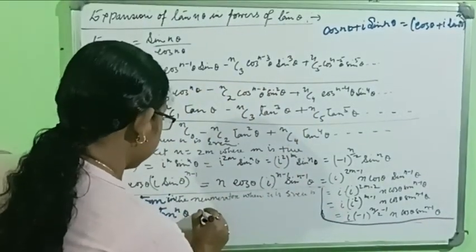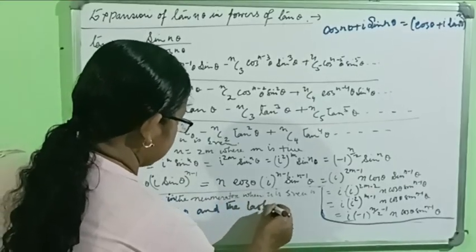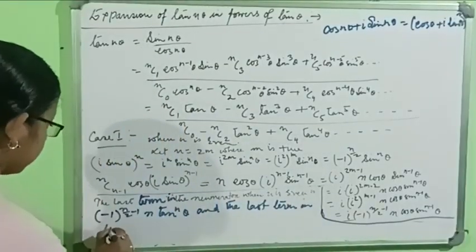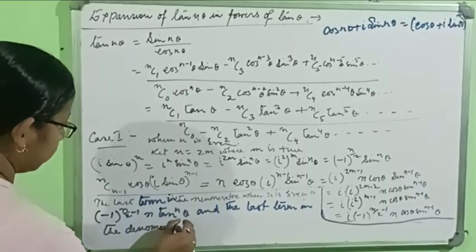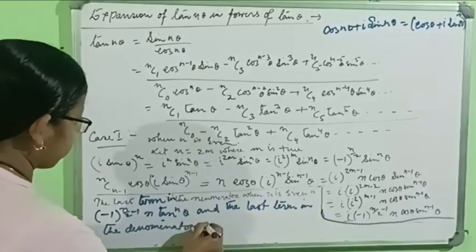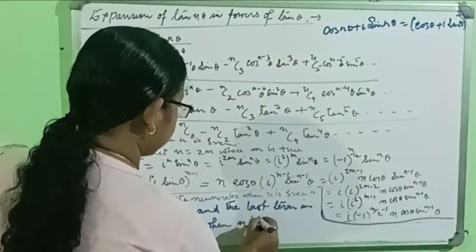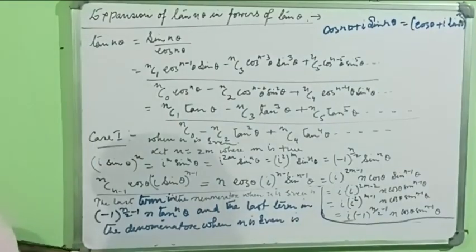And the last term in the denominator when n is even is, what is the last term?